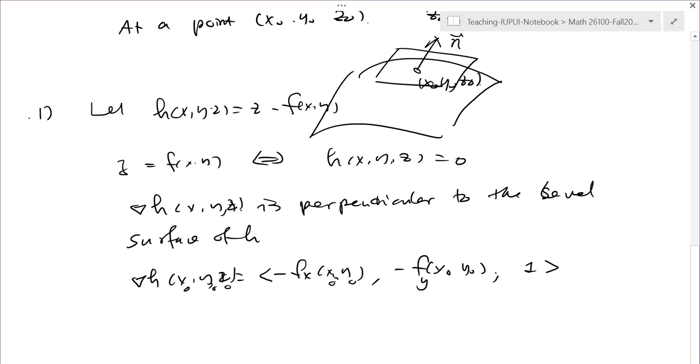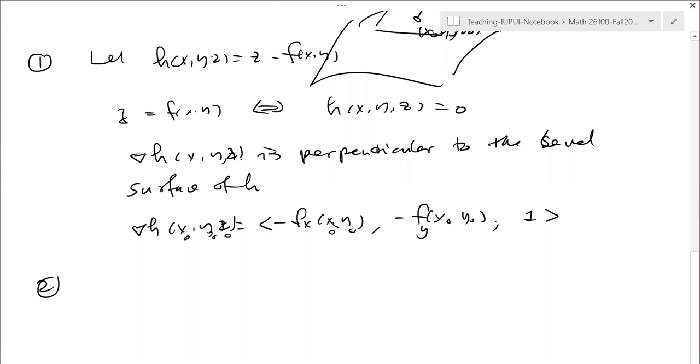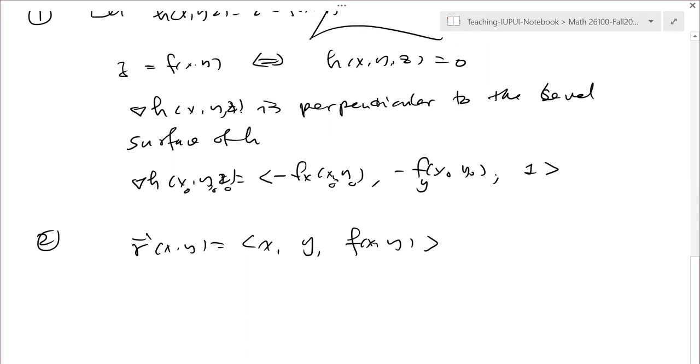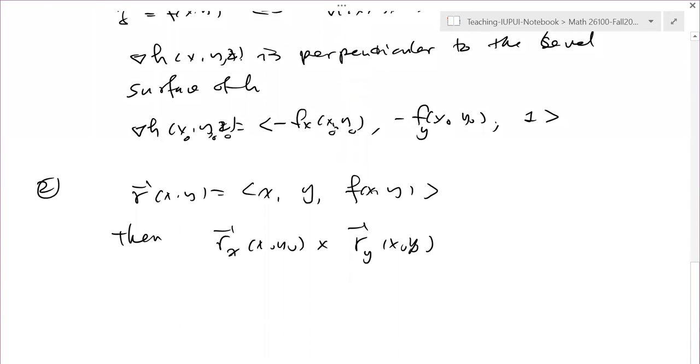That's one way you can do it. Another way is you parameterize the surface, the graph, and then we know that this cross product is going to be perpendicular to those two tangent vectors.